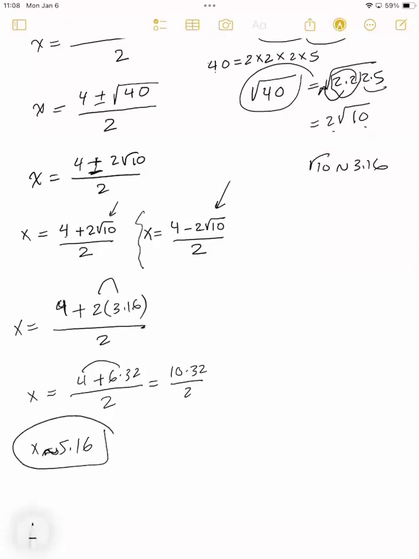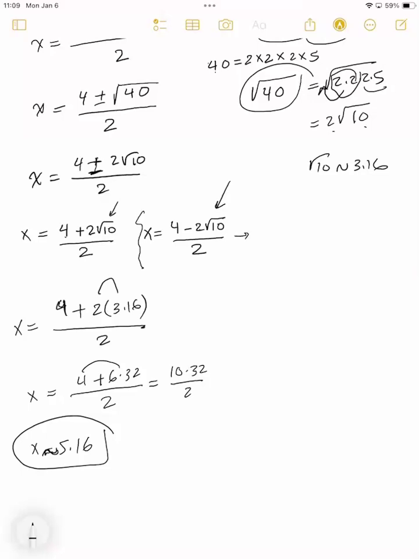I do the same thing for this one. I already know the square root of 10 is 3.16. I multiply it by 2. And then I subtract this from 4 and then divide it by 2.